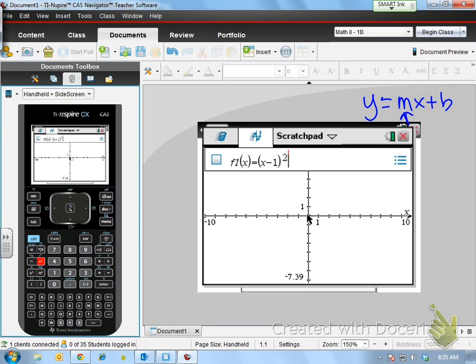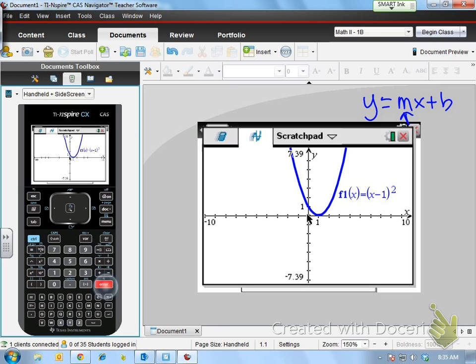Now, the parent function starts in the middle. If we do x minus 1 squared, what direction will the parent function slide? I heard two answers, to the left and to the right. Let's check. If we hit enter, it actually moved to the right.